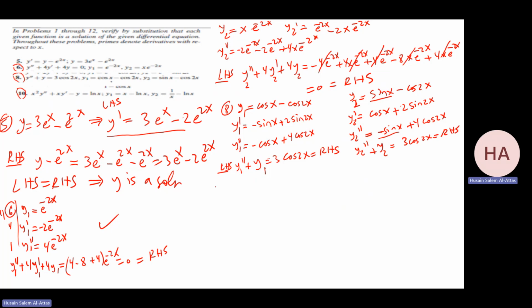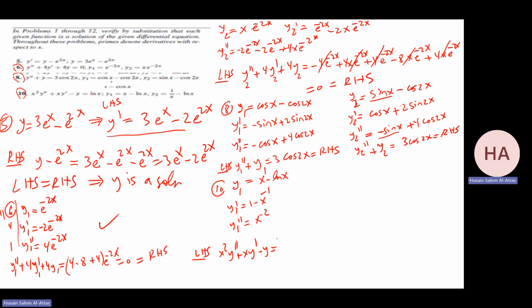Okay, number 10. Just a calculation, nothing complicated here. y1 equals what? x minus ln x. What will be y1 prime? 1 minus 1 over x. y1 double prime will be 1 over x squared. So now check the left-hand side: x squared y double prime plus x y prime minus y.